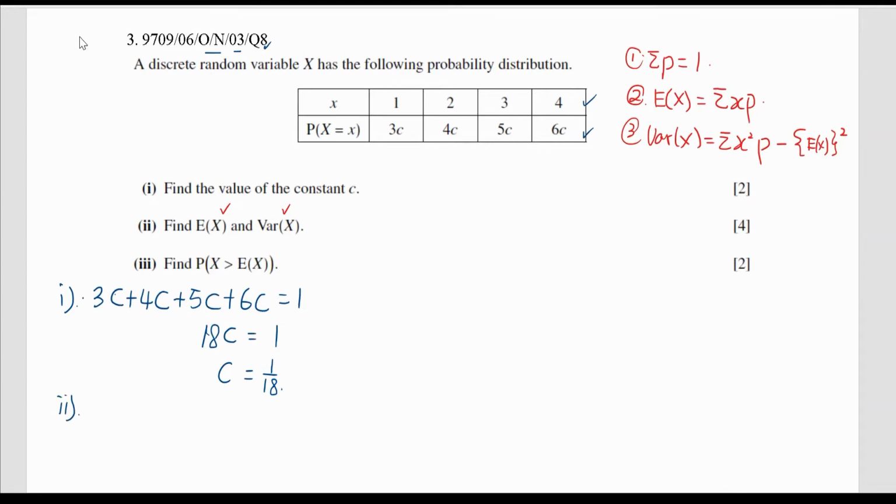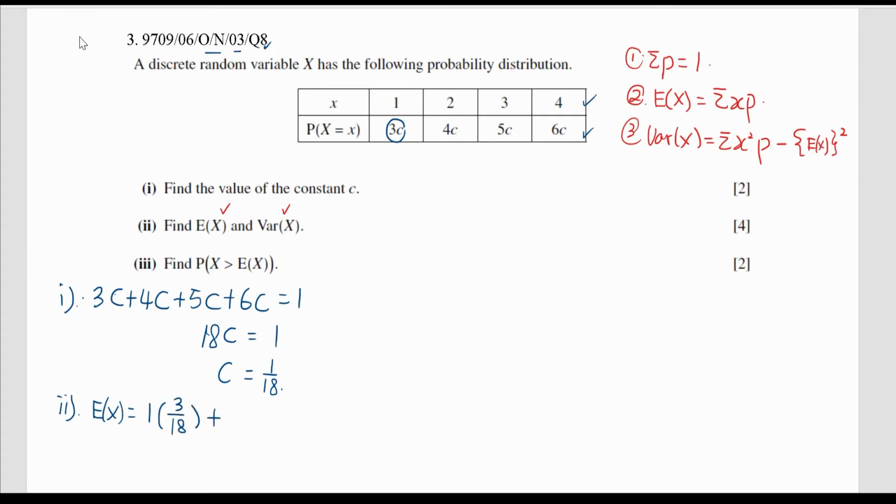Find the mean, E of x. So again, refer to the formula. We have the value of x multiplied with the probability. So when x is 1, the probability is 3c, and c we know is 1 over 18, so it's going to be 3 over 18.